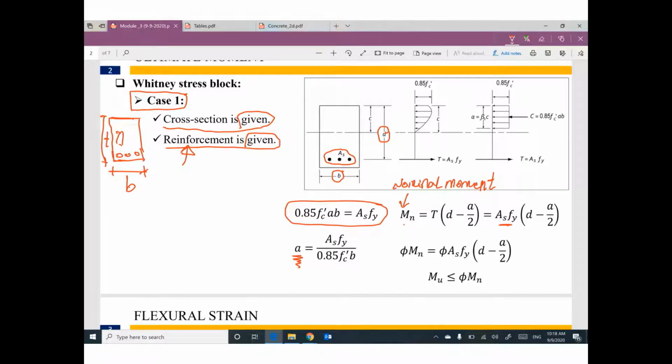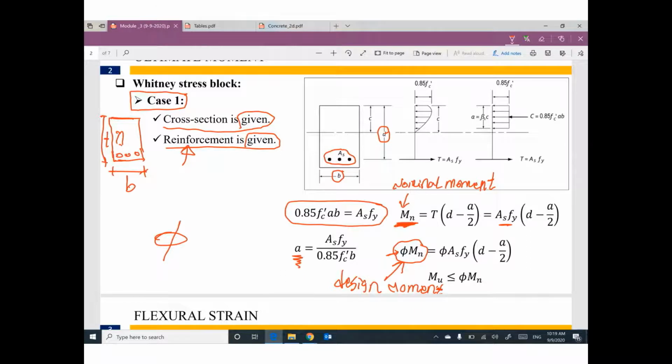But we are looking for something called the design moment. For the design moment, we need to multiply this value by another value called phi, the reduction factor, for a factor of safety, more safety. You are talking about lives of people.